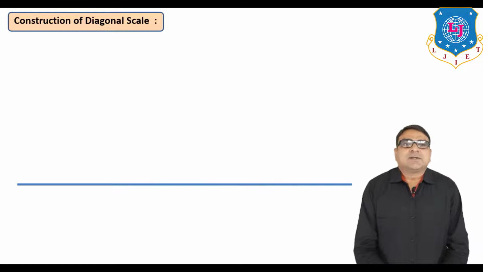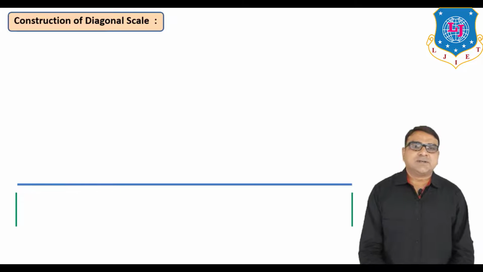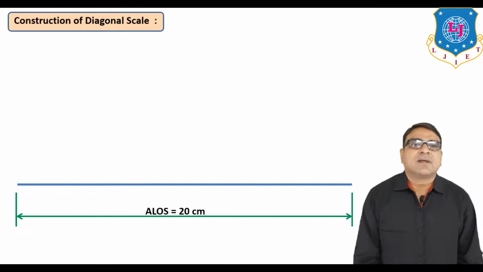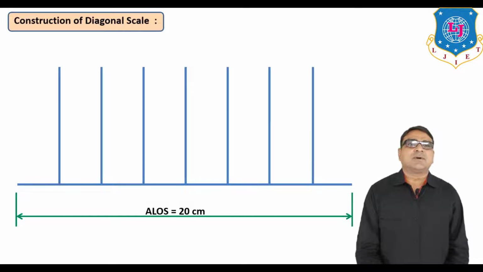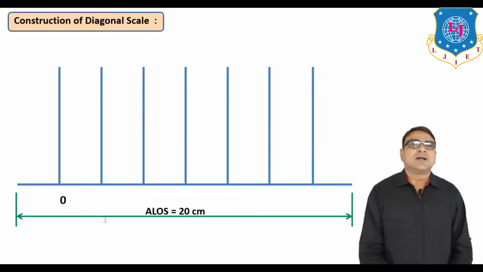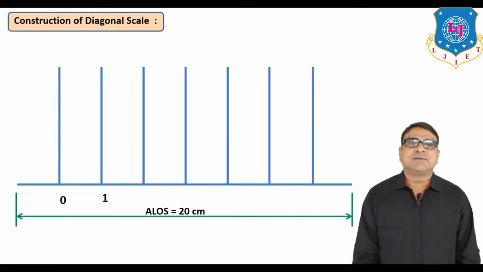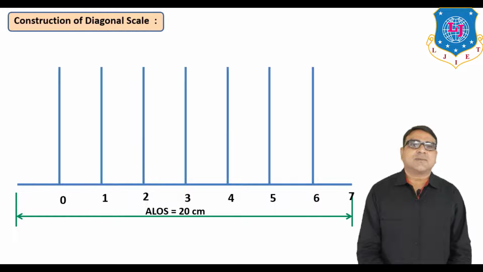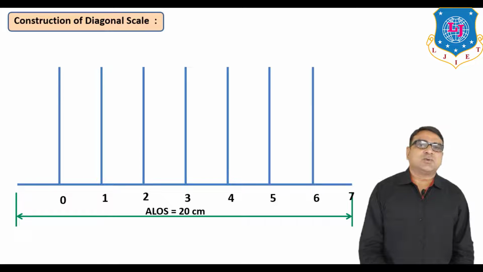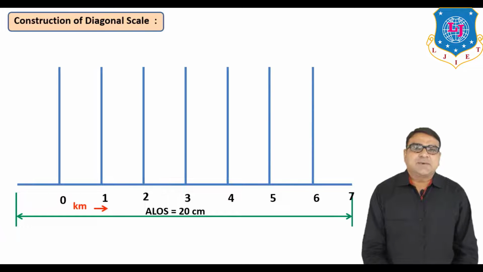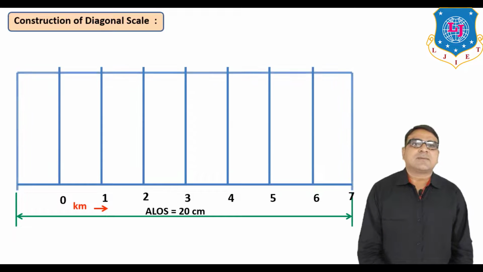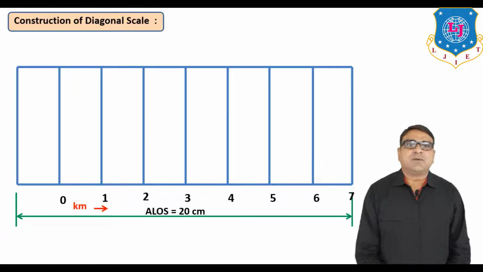Now to construct the diagonal scale, first you draw a horizontal line of 20 centimeter, which represents the maximum measurement of 8 kilometers. So you have to divide this line into 8 equal parts and put 0 after one division. On the right side, 0 to 1, 2, 3, 4, 5, 6, 7, which represents kilometer units. Then prepare one box.